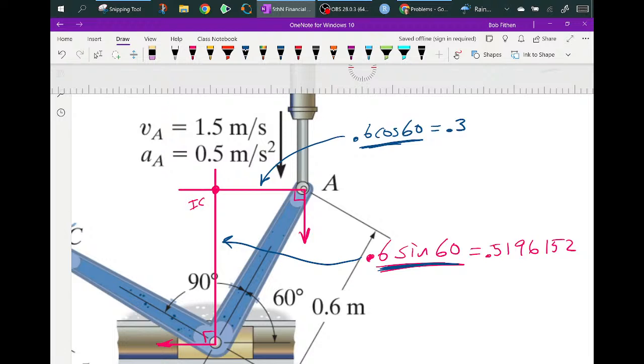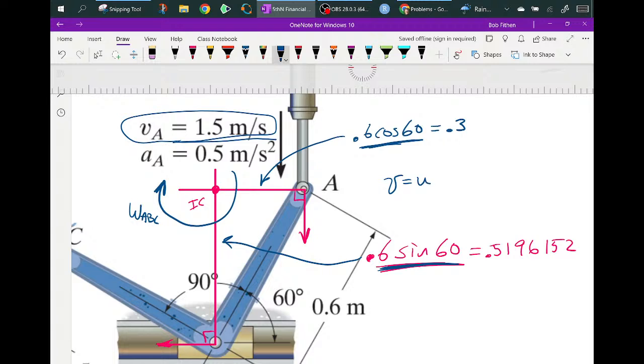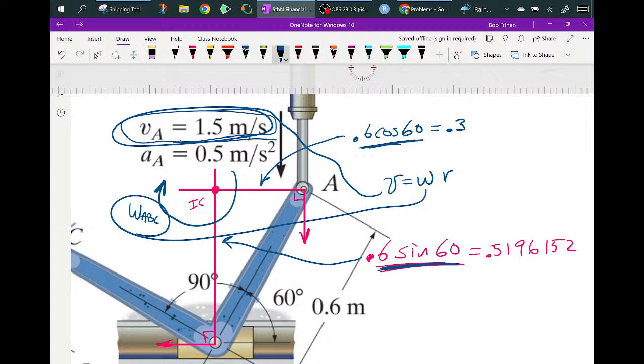So in fact, the end result is this is your rotation. This is your omega ABC. This, in fact, is the velocity here. So V is equal to omega R. This V is equal to this omega. The R is the distance from this point to the center of rotation.